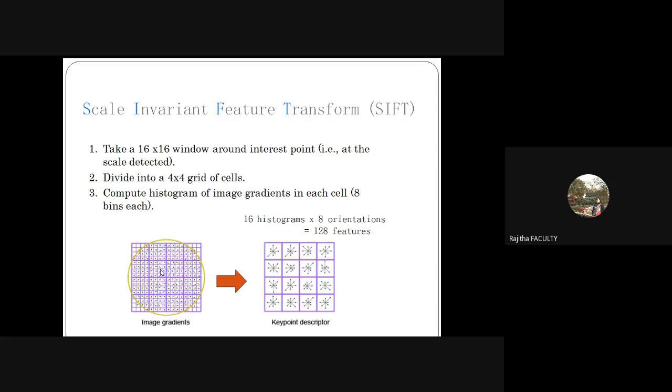Generally the directions, you can fix either with 4 directions or with 8 directions. Now suppose I take 8 directions, then for each block there will be 8 values, right? So totally I have here 16 blocks. So 16 into 8, I'll get 128 features for one block. Okay, 128 features for one block, right?